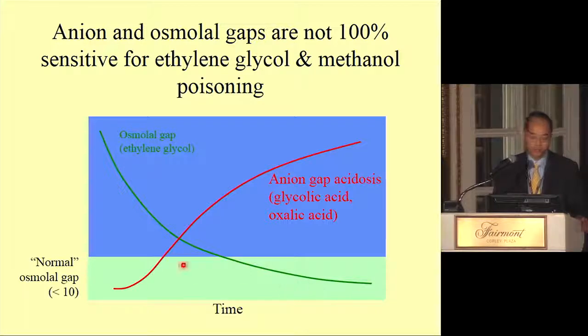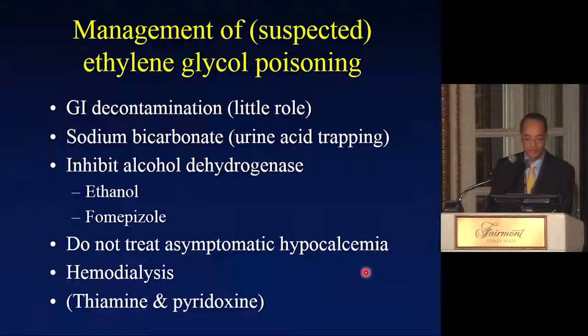So it's theoretically possible to catch patients when they have a high osmolar gap, but very little or no anion-gap acidosis if it's early on. And conversely, late in the disease, it's theoretically possible to see patients that have a high anion-gap acidosis, but very little or no osmolar gap. Again, not something you'll see on the boards, but a useful clinical pearl.